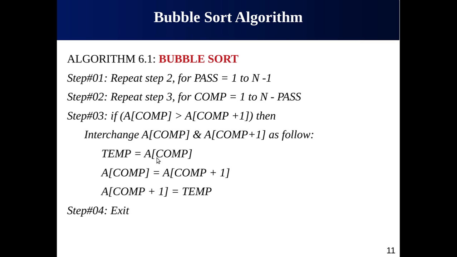Once you have evaluated this condition, the control will return to the inner loop, and then you have to check the condition. If it is true, then you have to execute the process again and again until the condition becomes false. Once the condition in the inner loop becomes false, the control will transfer to the outer loop, and then you have to increment the value of pass by 1 in the for loop, and then for that value you have to repeat the same process again. So this is the bubble sort algorithm.